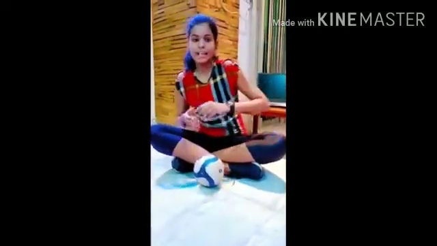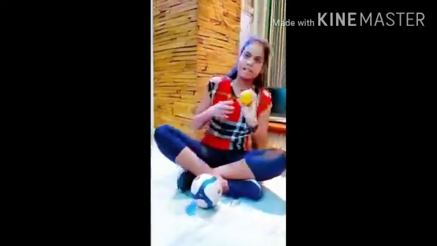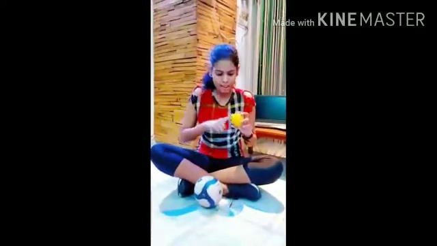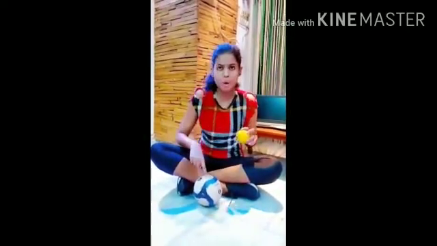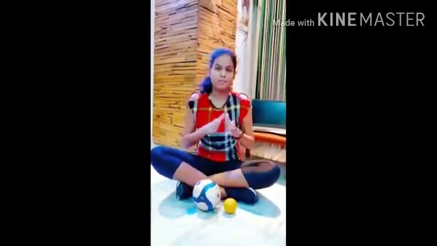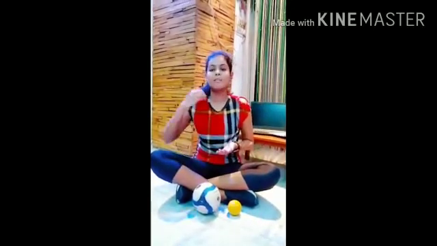You can see that when I applied the same force on the ball with less mass, this ball moved a very long way, but in comparison, this ball did not move. So we come to a conclusion that inertia depends on mass.